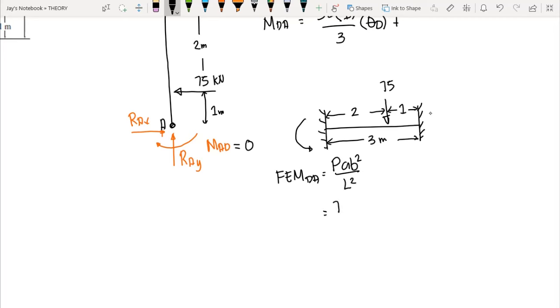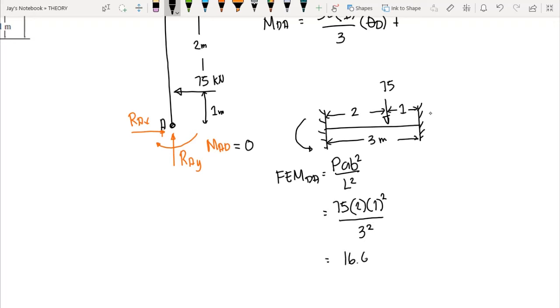So we have P 75, A here is 2, B is 1 squared, the farthest from the leftmost support. We have 3 squared, and this equals 16.667 kilonewton meters. And then we have here the fixed end moment for AD. So we use the formula P A squared B over L squared.